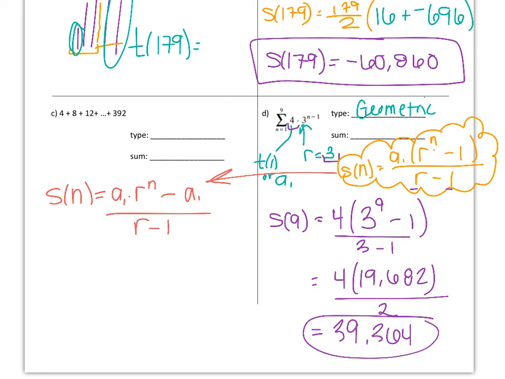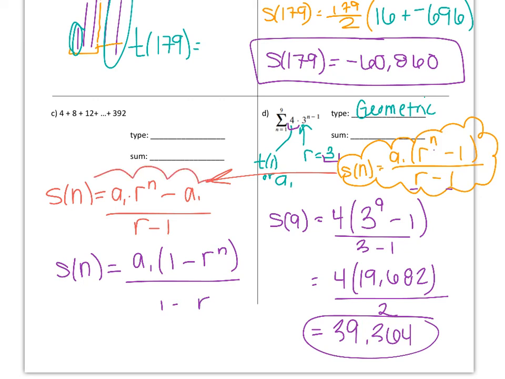So one other variation of this is reversing this subtraction. The A1 can still be out, or it could be with it or not. But instead of r to the n minus 1, you might see 1 minus r to the n, which is totally fine as long as in the denominator this subtraction is opposite as well. So that would be 1 minus r. So these are the three variations of this you'll see.